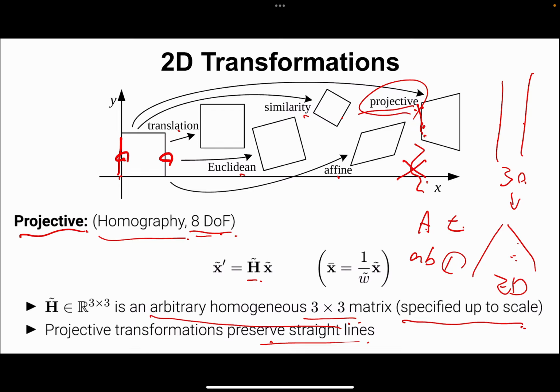Under some other transformations a straight line could change to a curved line, but in projective transformation straight lines are preserved, while all the other things could change: distance between 2 points, angle between 2 lines, parallelism between 2 lines. Only straight lines are preserved after applying projective transformation.